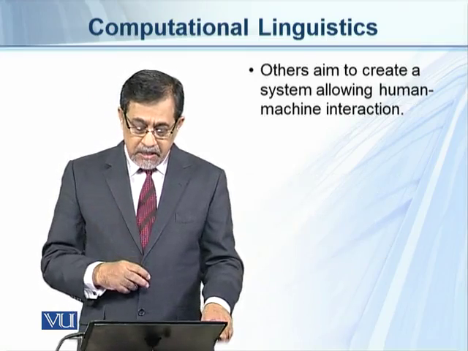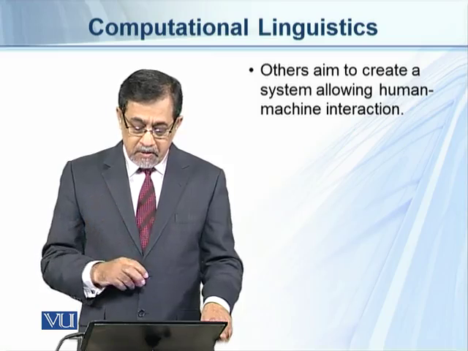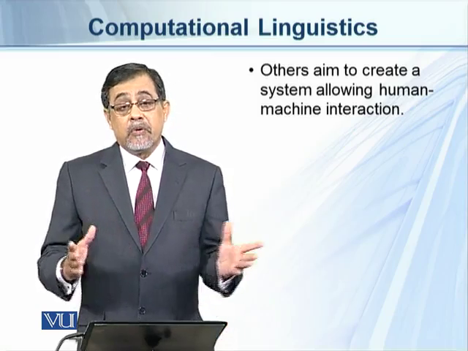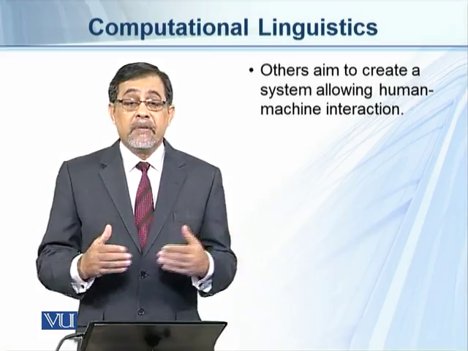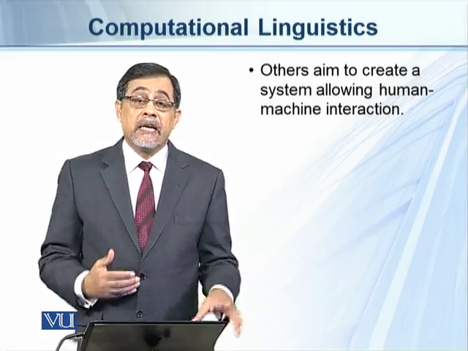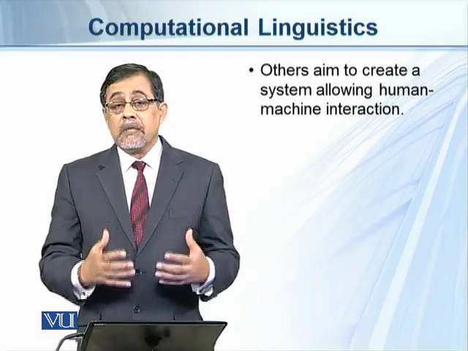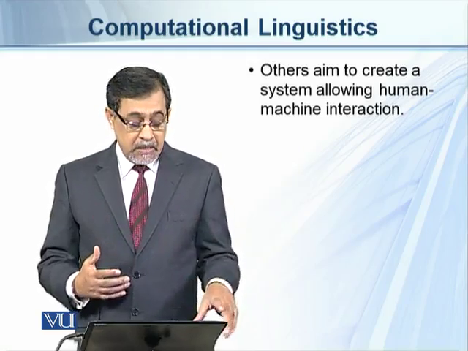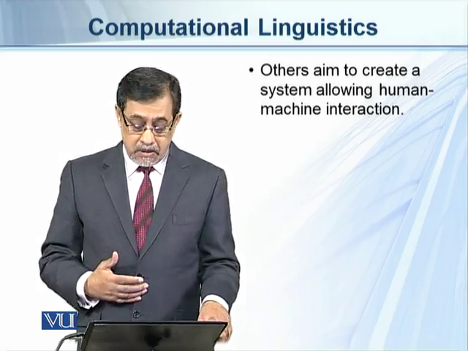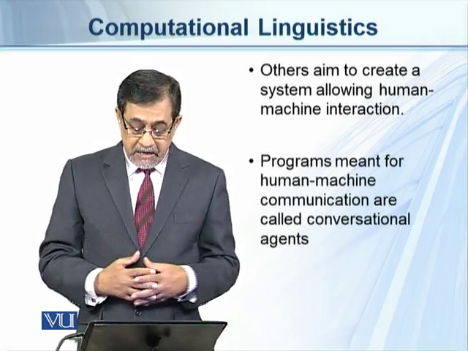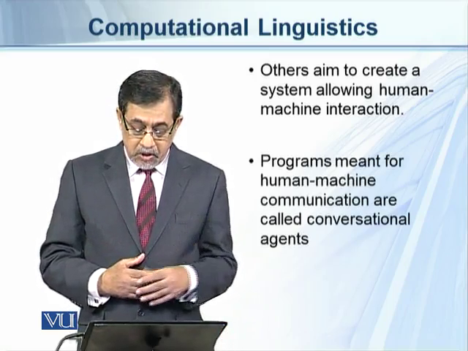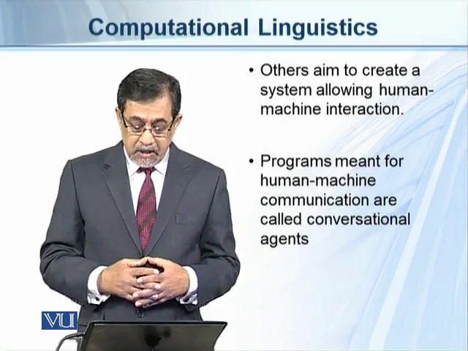Others aim to create a system allowing human-machine interaction. So it was one of its aims that humans could interact with the machine, and the machine could also answer people the way human beings answer each other. Programs meant for human-machine communication are called conversational agents.